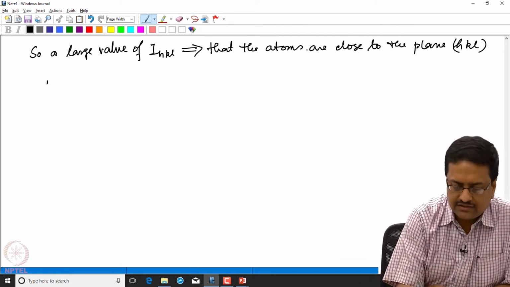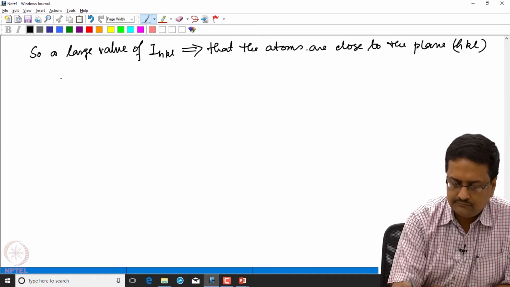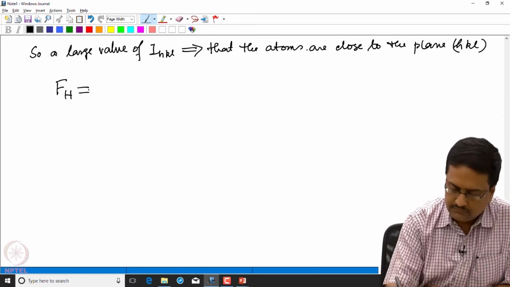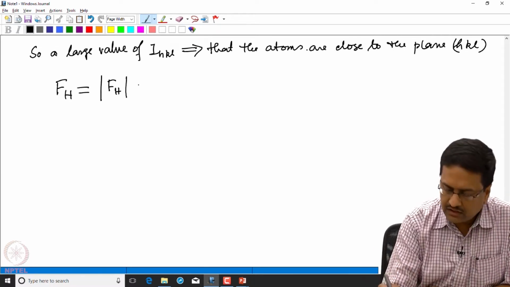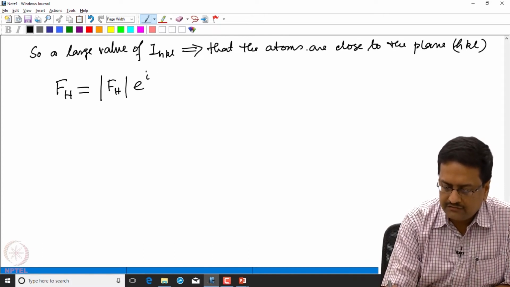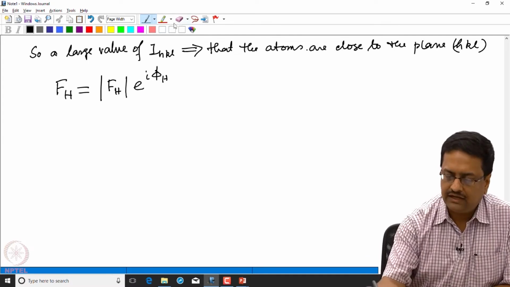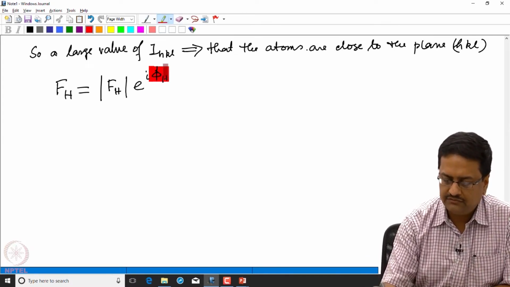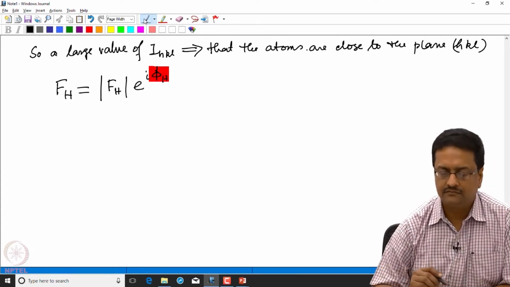So in that case, if we try to write the value of F_H, it is equal to mod of F_H e to the power i phi_h. This quantity phi is my phase associated with that particular reflection.